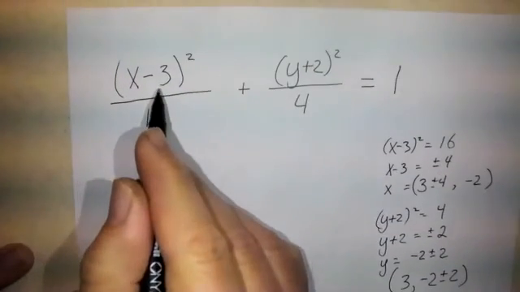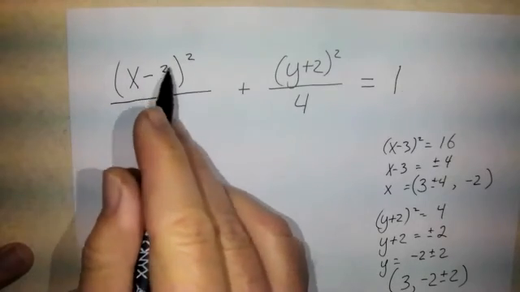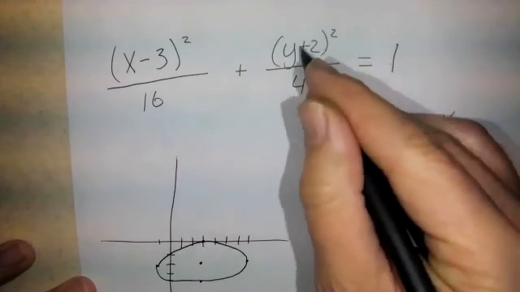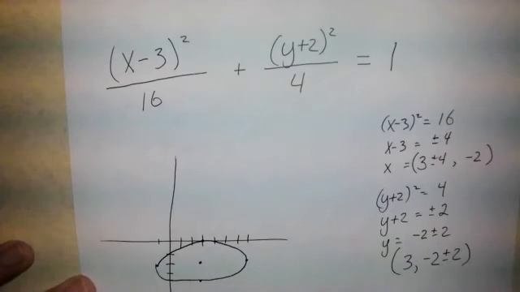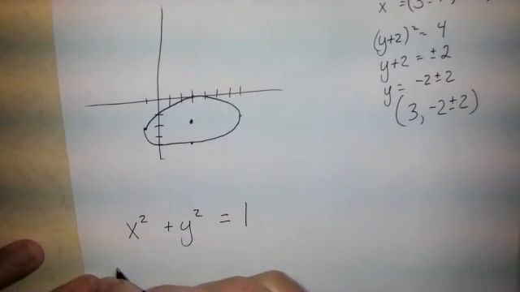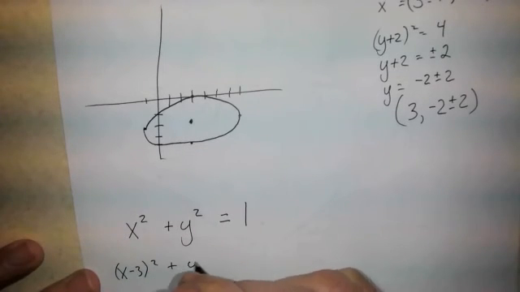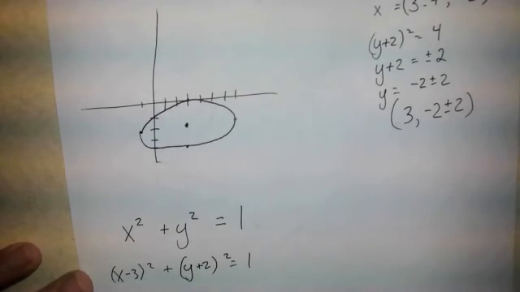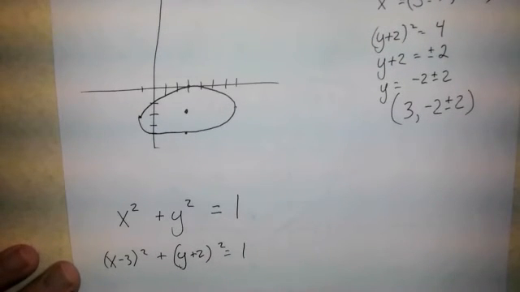Well, that -3 is a horizontal translation 3 to the right, and the +2 brings it 2 down. So now it is a circle centered... this would be (x - 3)^2 plus (y + 2)^2 equals 1. That is a circle centered at (3, -2) with a radius of 1.